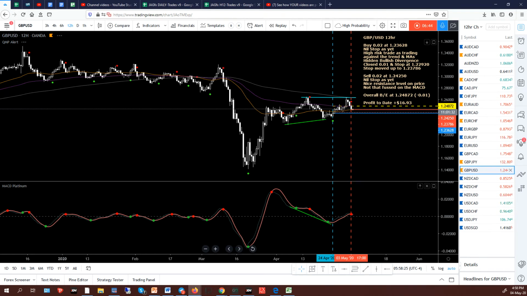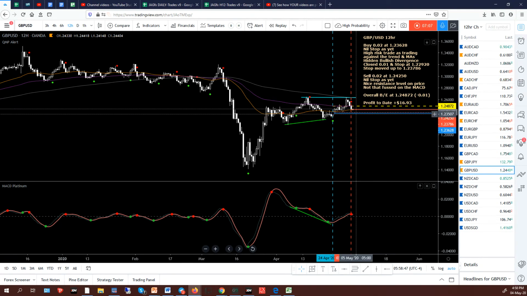All right, pound USD, sort of similar to the pound yen. There is a sell signal here. Again, a double top or a resistance level. And again, the MACD platinum's not that far above the 0 level, but it's still a valid sell signal. Plus, I'm in a buy already from here.